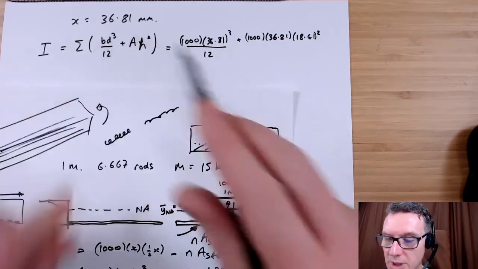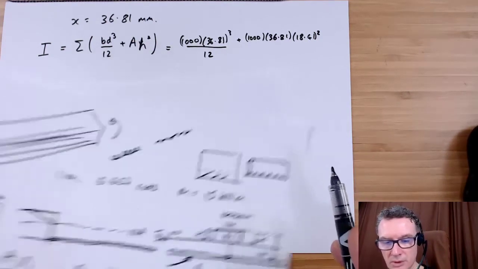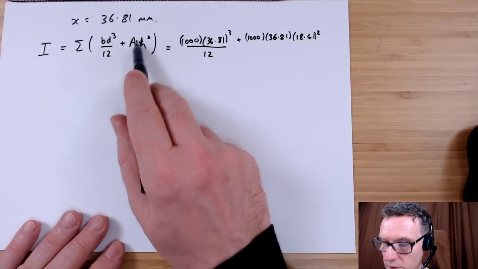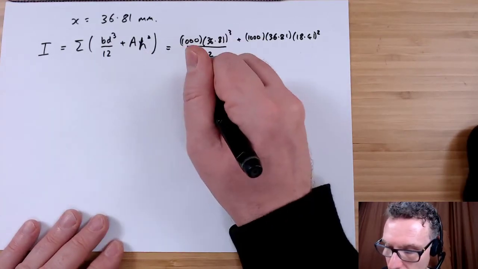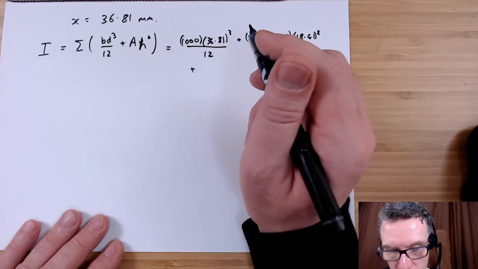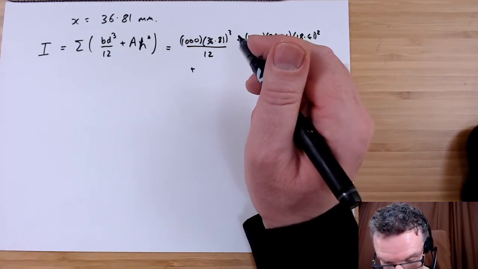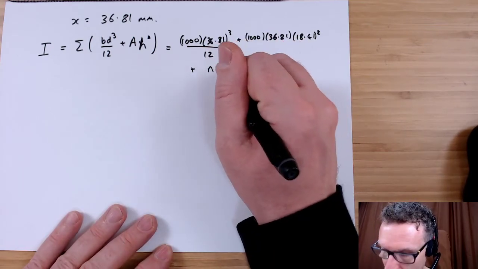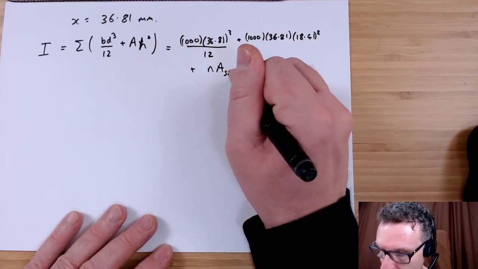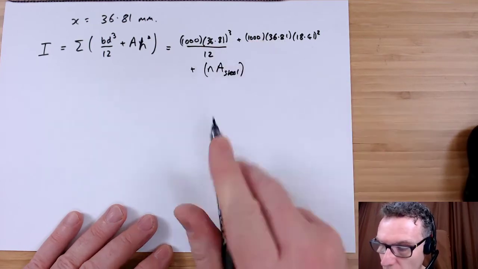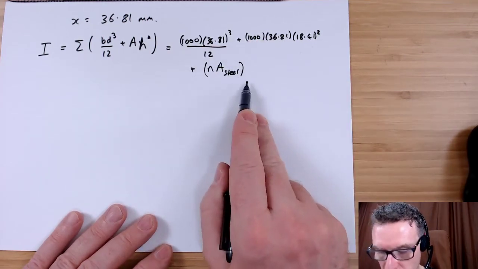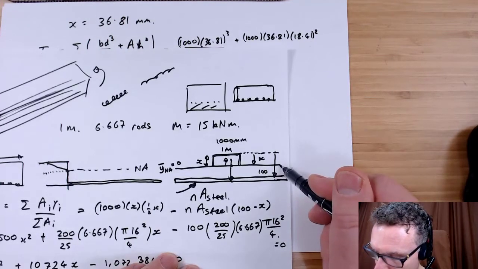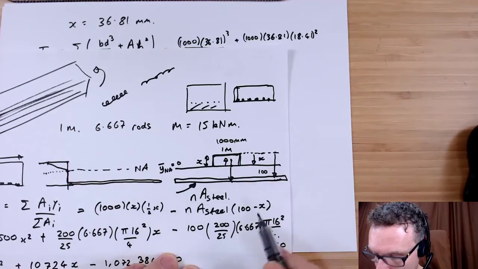So I'm going to completely ignore that part of the second moment of area and just use this part, which is going to be N A of the steel, remember we're looking at the concrete structure, multiplied by the distance from here to here.